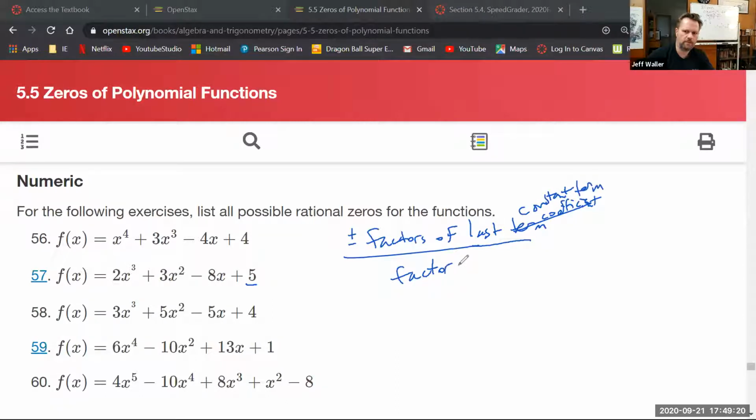On the bottom, I'm going to put factors of the first coefficient, assuming it's in descending order. So that's really just saying plus or minus factors of this over the factors of that, and then you make all the possible combinations. So relatively, this is going to be a short list. Okay, how's that sound?